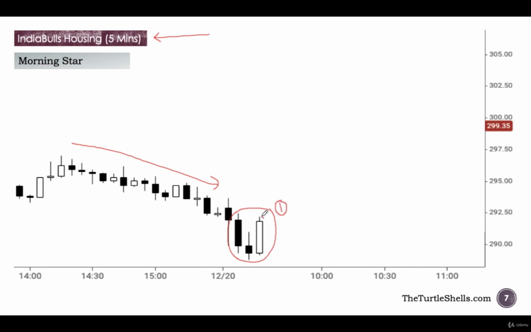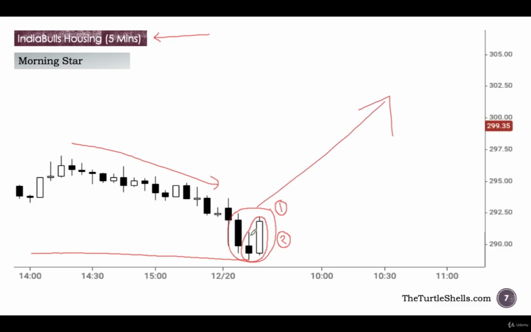The second signal is this bullish engulfing pattern because the white real body is wrapping around the prior black real body. So that's the second confirmation that prices are likely to go up, and all of this is coming after a downtrend. Since I have two confirmations here, I don't need to wait for the prior support confirmation; I can look for the prices to go up from here.